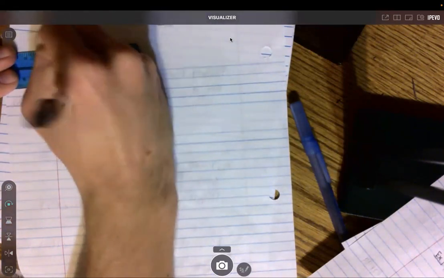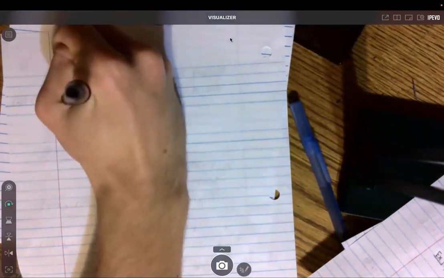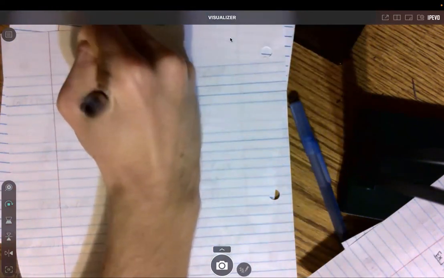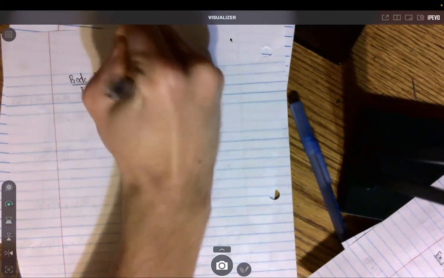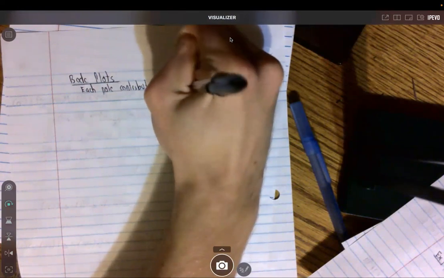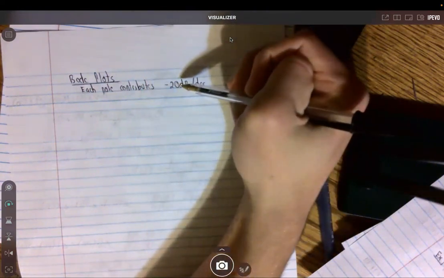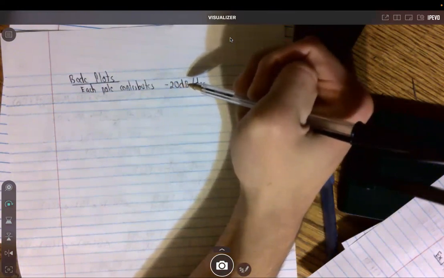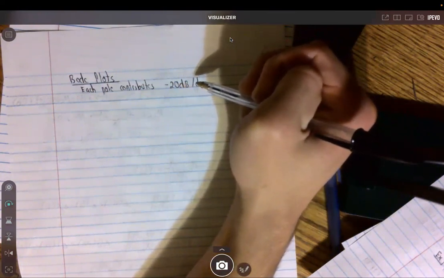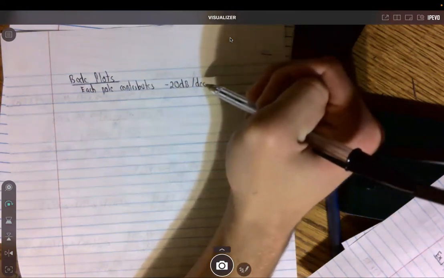For the magnitudes, each pole contributes -20 decibels per decade. So when you have a first order system, you only have one pole, so you have -20 decibels per decade. When you have a second order system, you have two poles, so it's -40 decibels per decade.